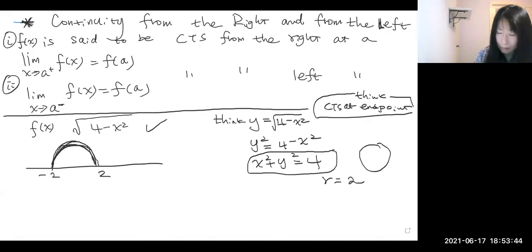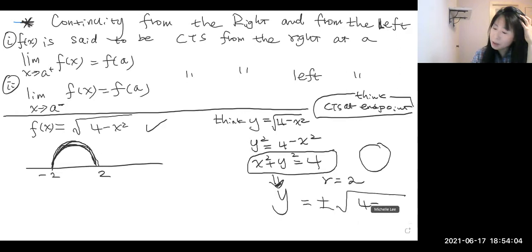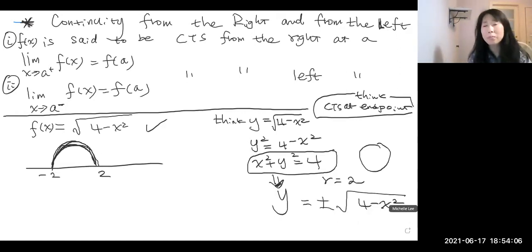Is it clear? Yes or no? Normally for a circle, if we solve for y, this will be plus or minus the square root of 4 minus x squared, right? That is the same as a circle.